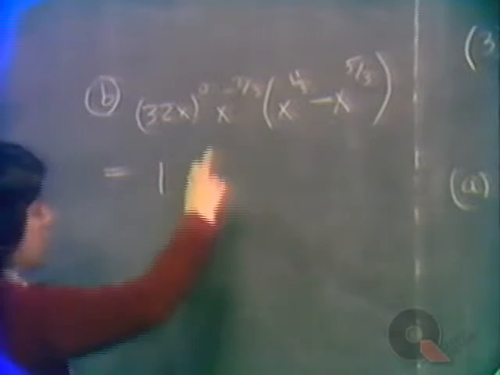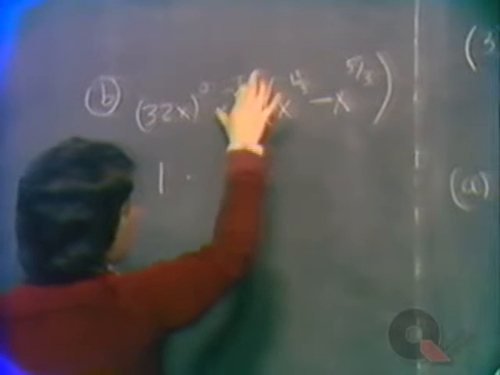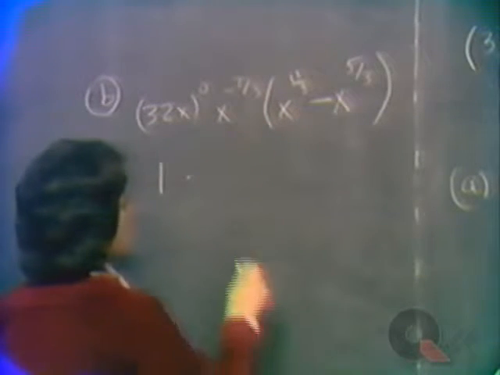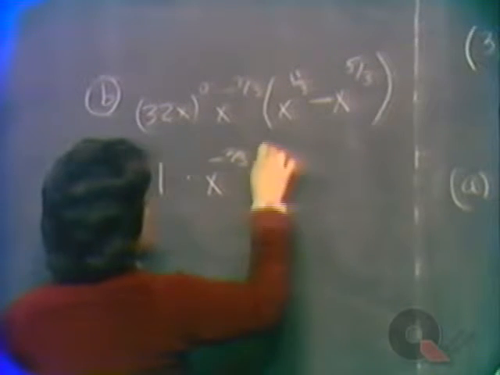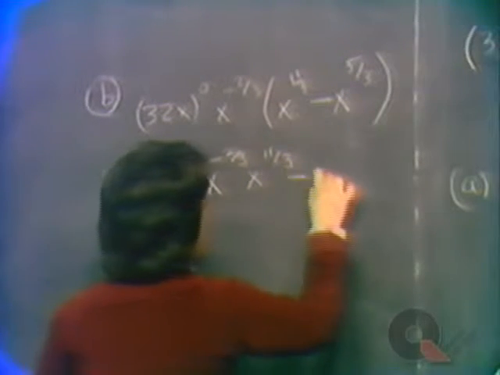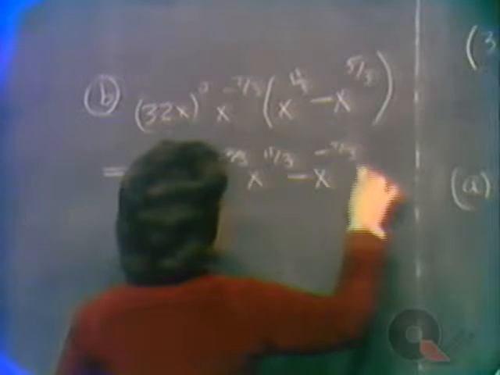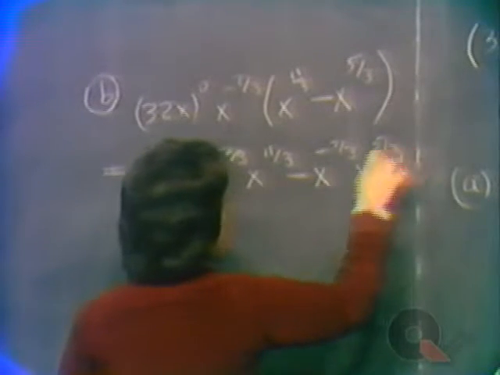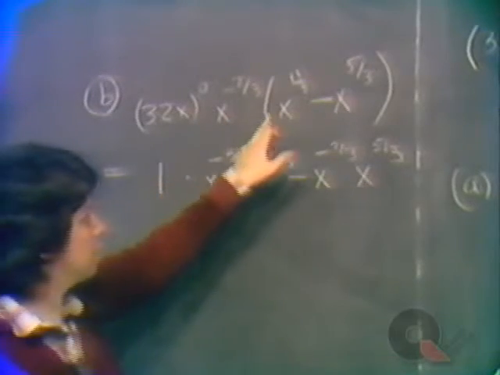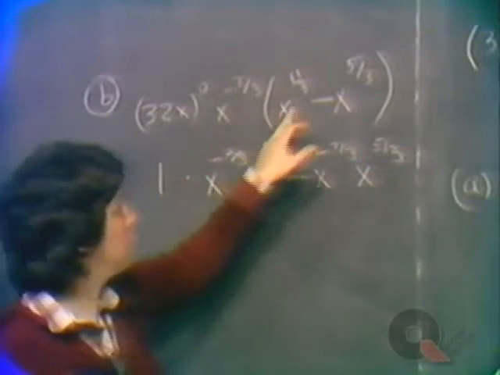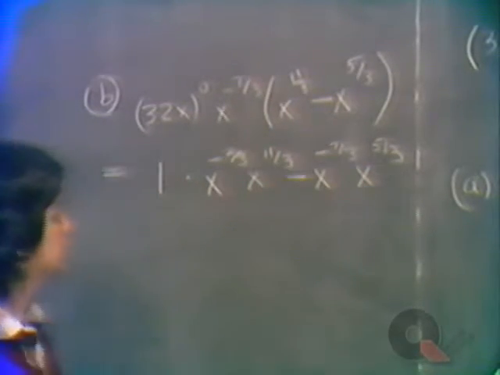Now, here I'm going to distribute x to the minus 2/3 through the parentheses. So we have x to the minus 2/3 times x to the 11/3 minus x to the minus 2/3 times x to the 5/3. This is 1, and this is like a times the quantity b minus c. It's a times b minus a times c.